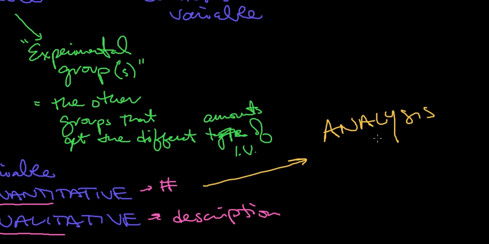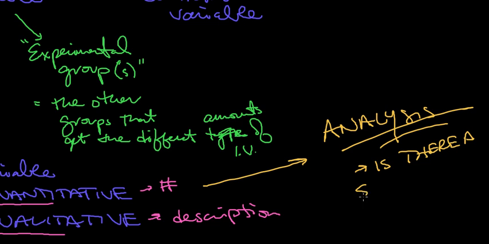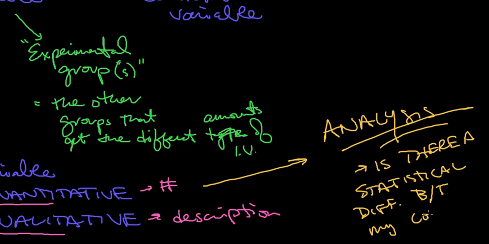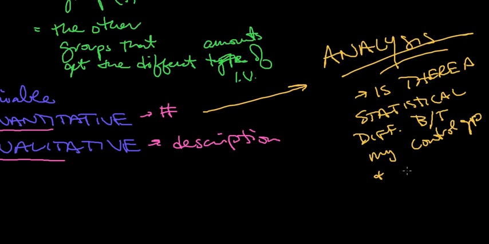Once you have that data, you have to analyze it and see, is there a statistical difference between my control group, I'm just going to abbreviate that as GP, my control group and experimental group or groups.